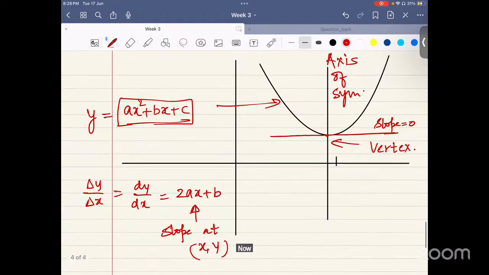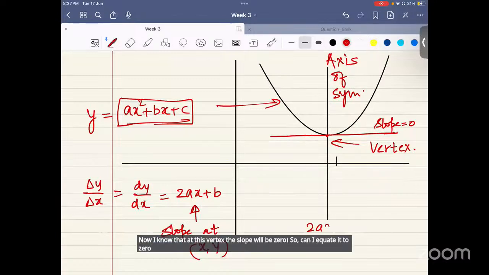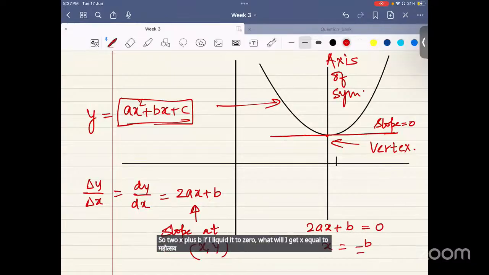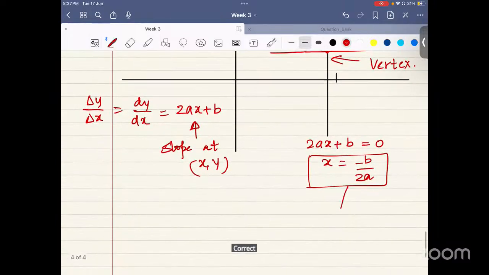Now I know that at this vertex the slope will be 0. So can I equate it to 0, right? So 2ax plus b equals 0, what will I get? x equals minus b by 2a. Correct? This is the x coordinate of your vertex. Correct or not?